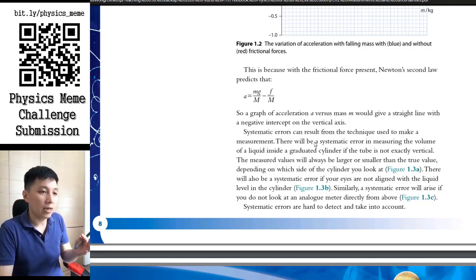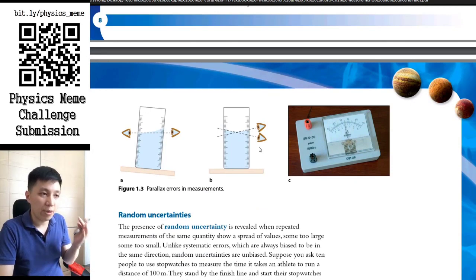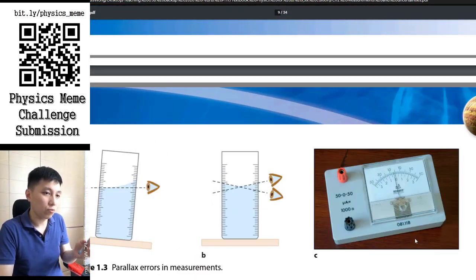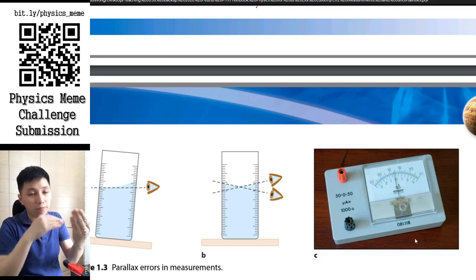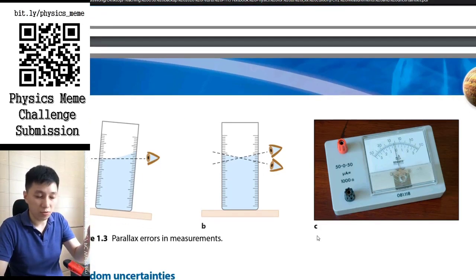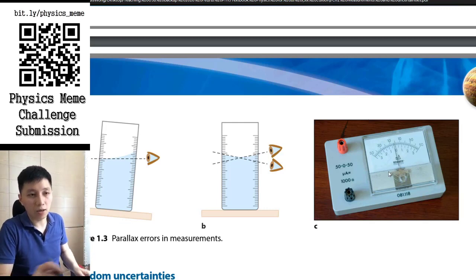That would be similar to parallax error as well. Parallax error, you should know very well, has to do with whether or not you are looking at the reading perpendicular to the surface. So that could apply to a measuring cylinder, of course, and it could also be, for example, an analog ammeter or voltmeter as well.